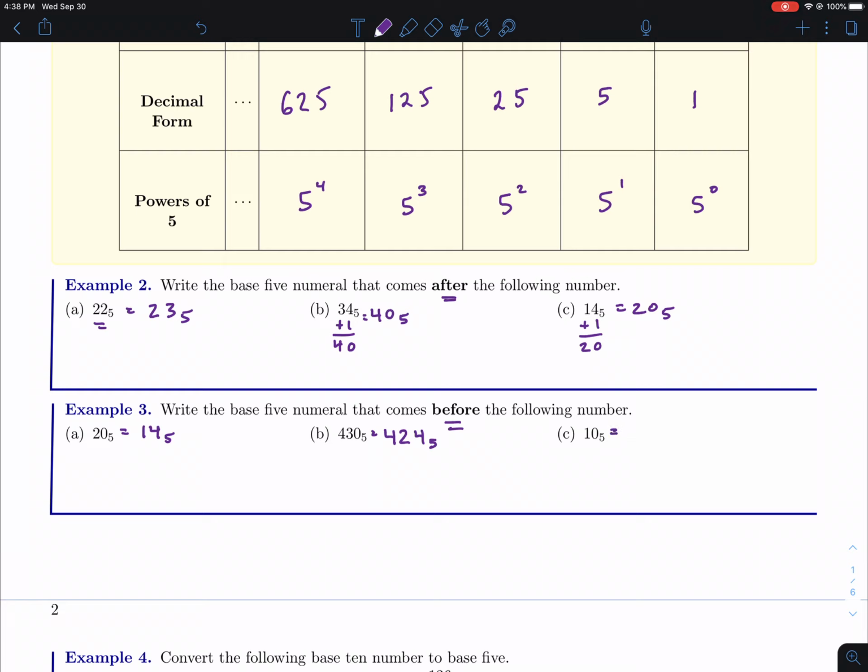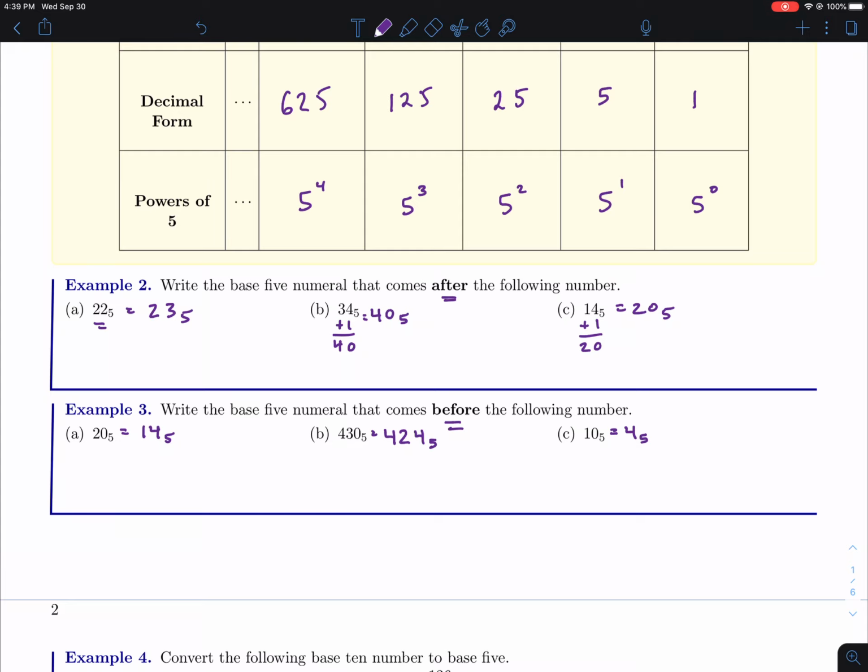And then finally, 10 base 5. This one we wrote down above, so you could reference it if you needed to. This one actually drops back to 4 base 5. So again, it's good to get comfortable being able to move back and forth between a before and an after.